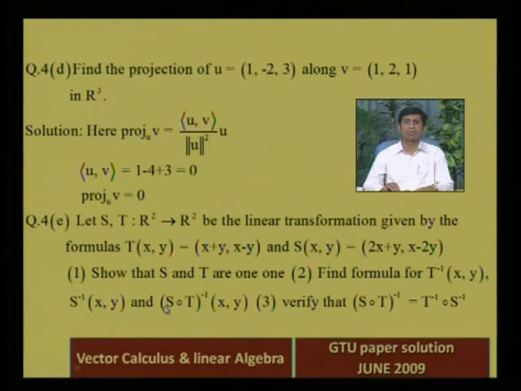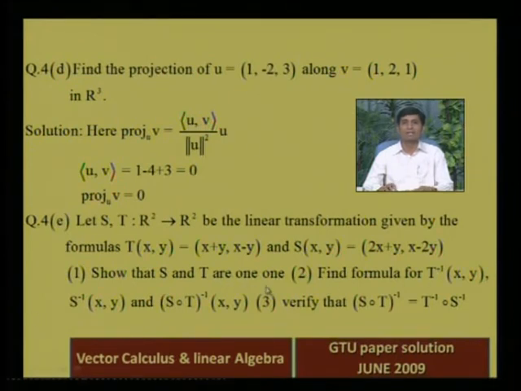The next question, question 4e. Let S and T both be linear transformations from R2 to R2, given by the formulas T(x, y) = (x + y, x - y) and S(x, y) = (2x + y, x - 2y).